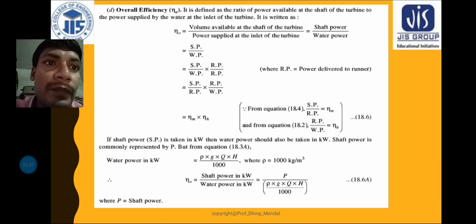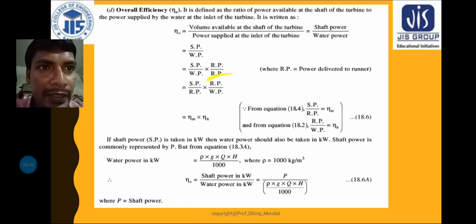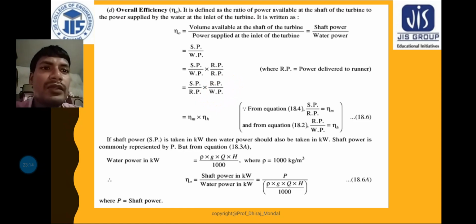Now this shaft power by runner power is called your mechanical efficiency. And the runner power by water power, as I have already told you, is called hydraulic efficiency.